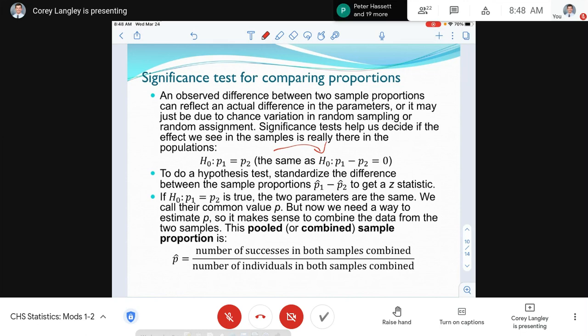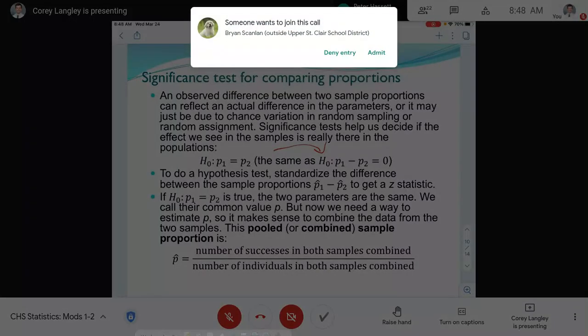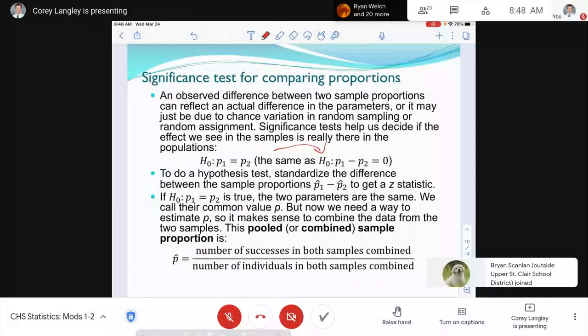What is unique about the hypothesis test equation is that we have a standalone p hat.